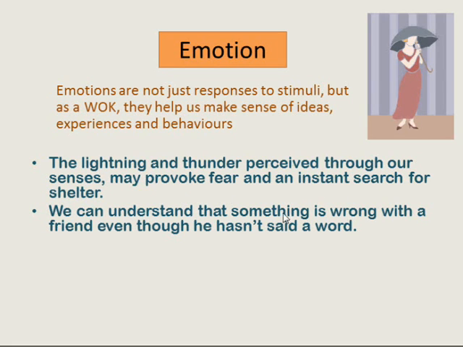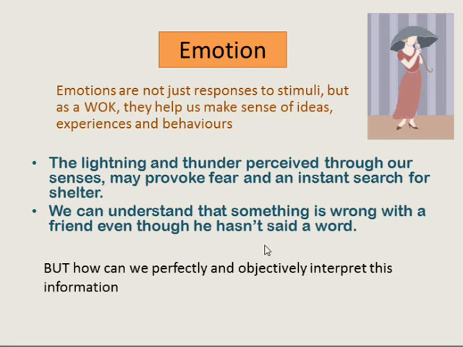We can understand something is wrong with a friend even though he hasn't said a word. If my friend is scared of the rain and he gets scared, I could suggest that it's raining. However, we can't always perfectly and objectively interpret our emotional responses. It still is a very valid and very important way of knowing.